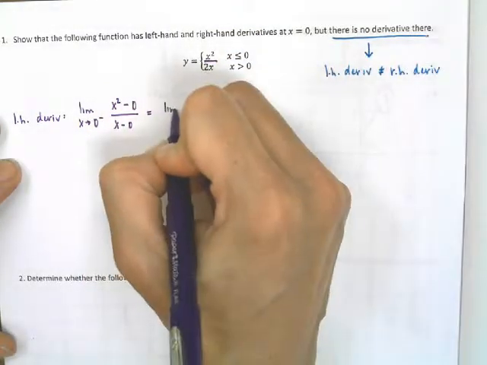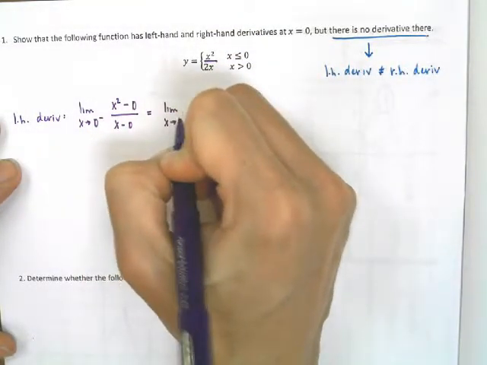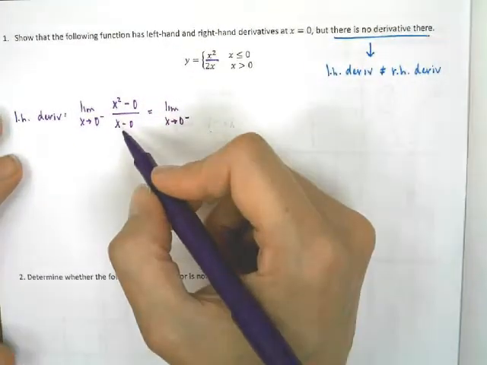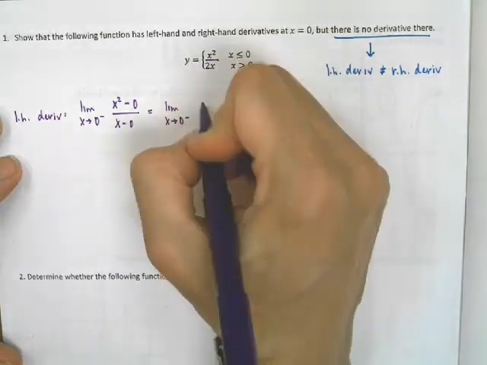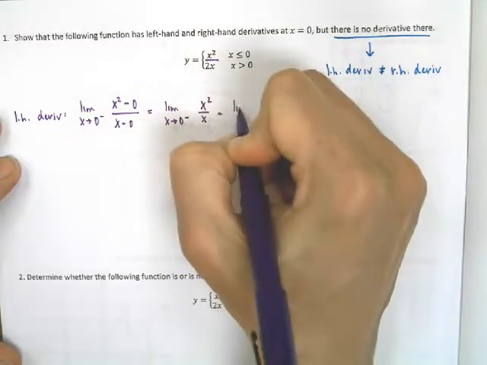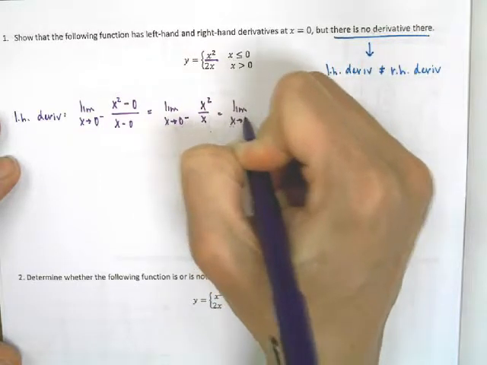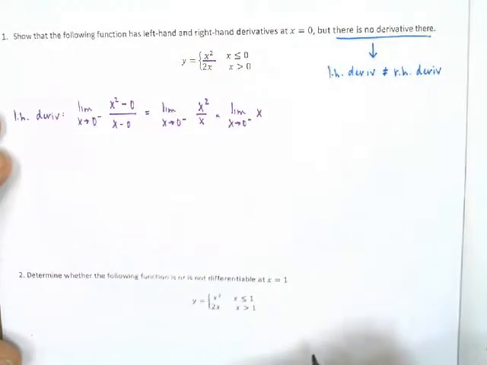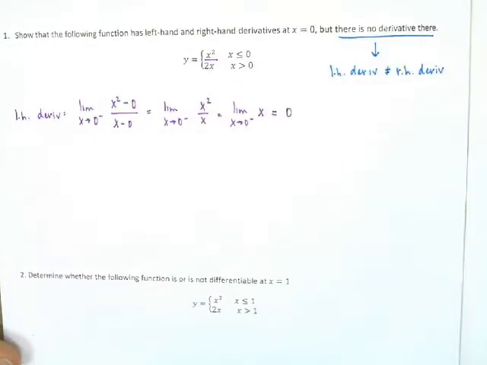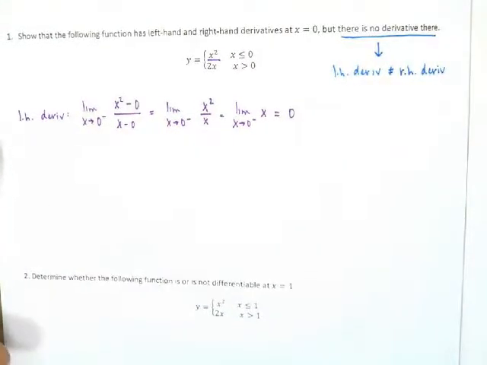Now I can do some simplification. This just simplifies to x squared over x, which is equal to the limit as x approaches 0 from the left of x. To evaluate that limit, I plug in, and I find out that my left-hand derivative is 0.